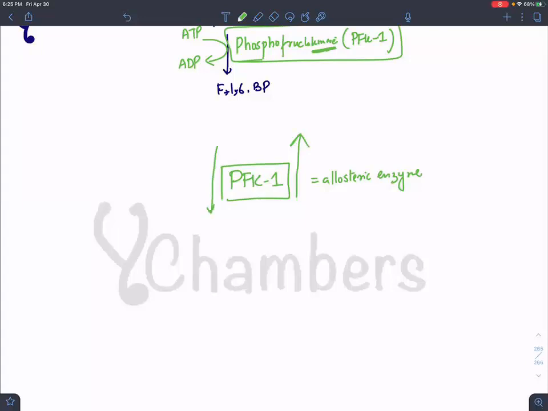If you increase its activity by an agent, we use the word positive allosteric inducer.